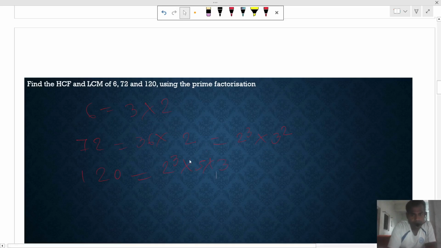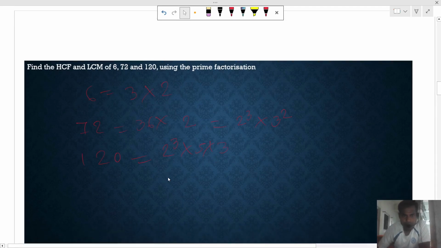Okay. Same funda. LCM will be the highest power, and HCF will be the lowest power.